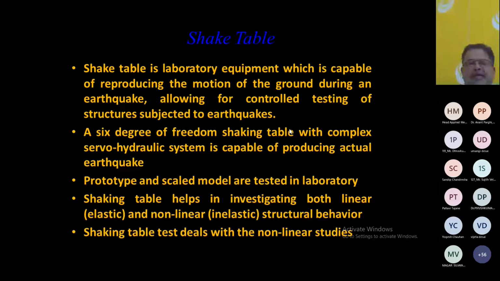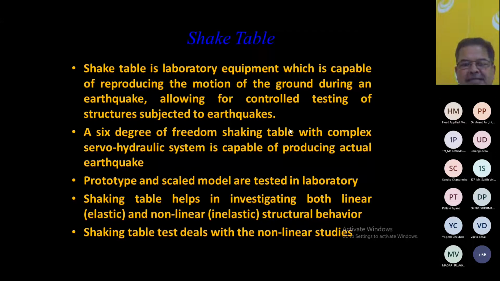But as far as LD is concerned, we have a uniaxial shake table, right? So this 6 degree of freedom shake table is capable of producing the actual earthquake, right? And basically, if you have a good system in form of a servo hydraulic system, then a complex earthquake ground motion can be given as an input to the structure. Right?